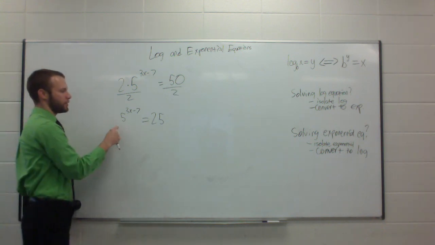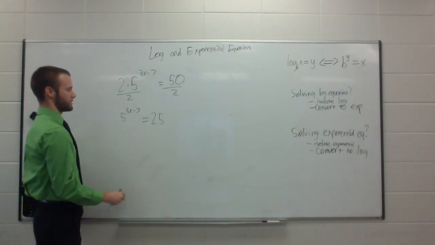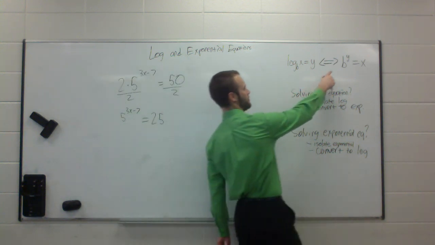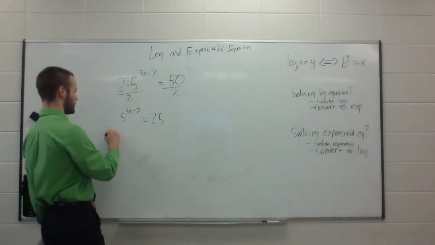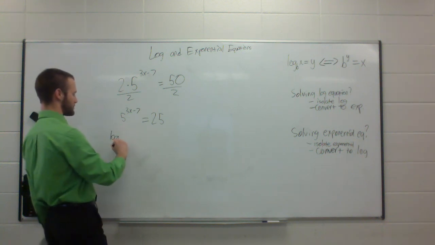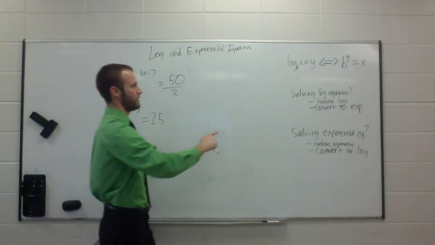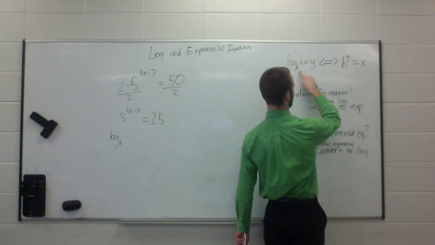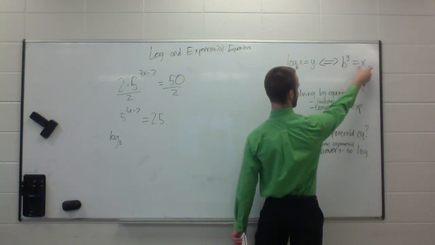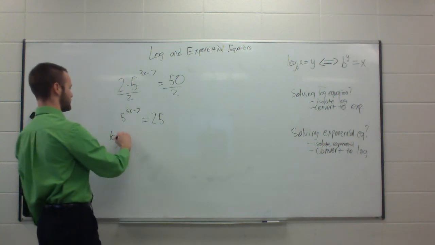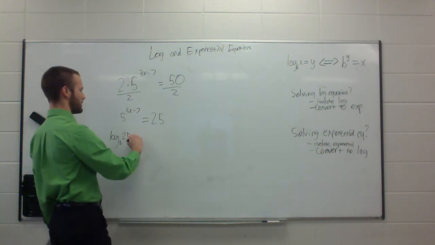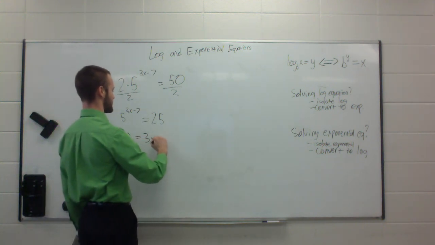Now we're going to convert it to log form because it's an exponential equation. So b raised to the power of y equals x, that means I'm going to use log, with 5 as my base, of 25, right? Because 25 was what it equaled, so 25 now goes inside of my log. Log base 5 of 25 equals 3x minus 7.